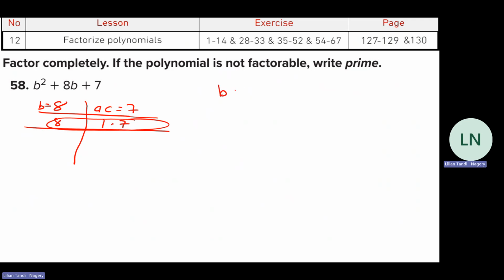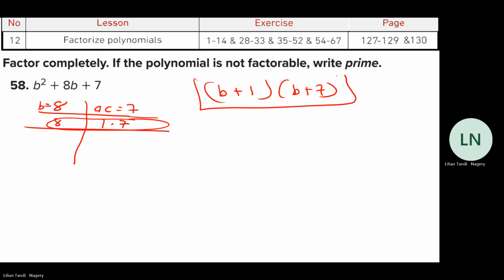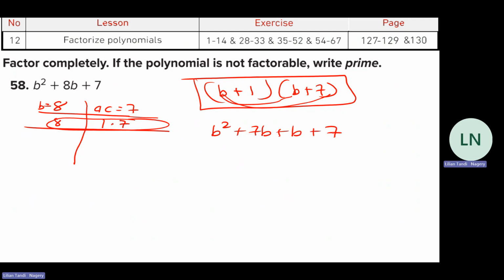So I'm just going to write B plus 1 and B plus 7. Box my answer. I check my work. B times B squared, plus 7B plus B plus 7. This gives me positive 8B. B squared. So I definitely know this is correct.